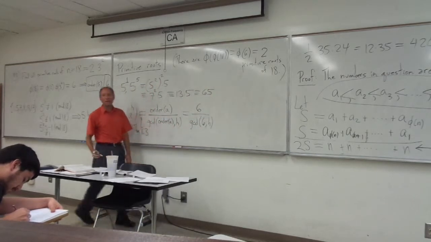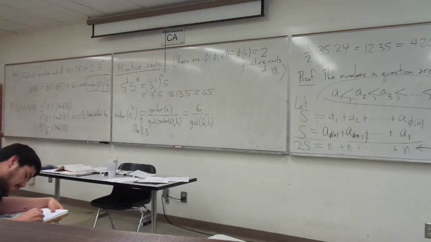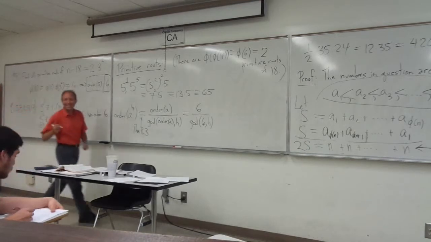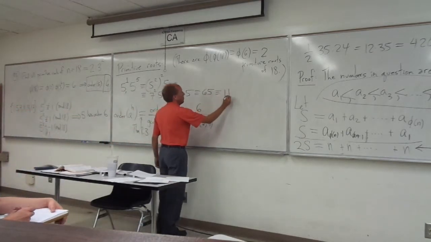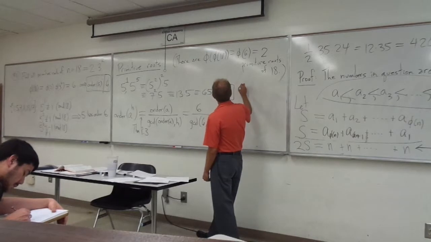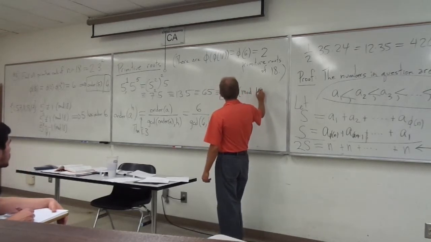Just trying to do it in my head, sorry. 65 in mod 18 is 11. So my 2 primitive roots are 5 and 11 in mod 18.